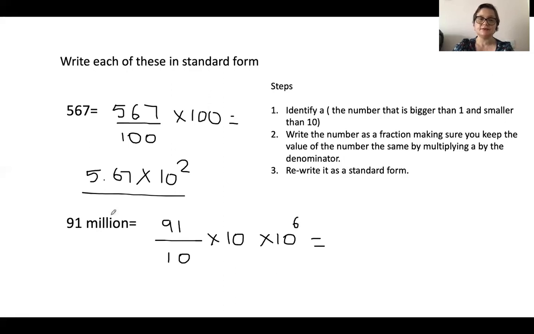And then rewrite 91 divided by 10 as 9.1, and then 10 times 10 to the power of 6. Remember, 10 is actually to the power of 1. So we are going to add the indices. 1 plus 6 is 7, so it's going to be 9.1 times 10 to the power of 7.